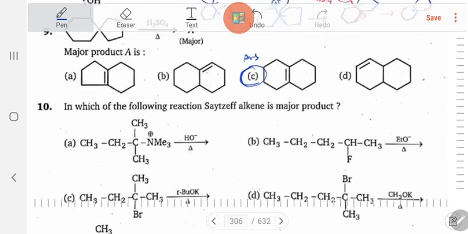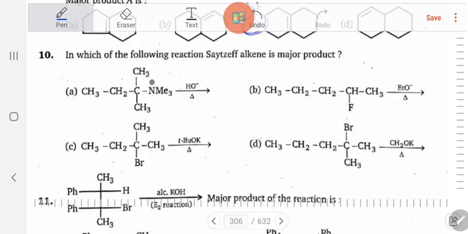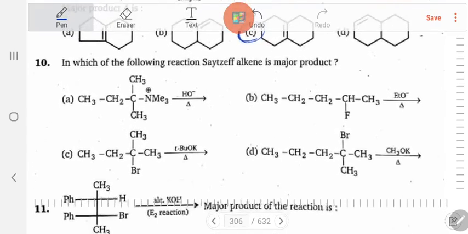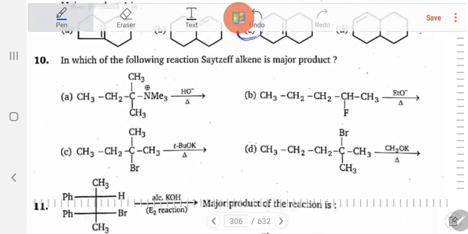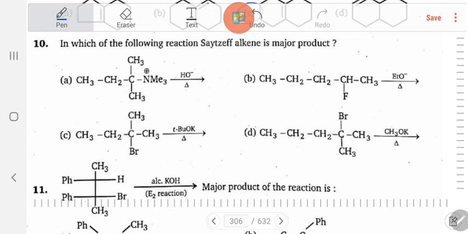Next, question number 10. In which of the following reactions is the Saytzeff alkene the major product? Now see here. This is a bulky leaving group. Then OH minus will abstract hydrogen from the least substituted carbon.